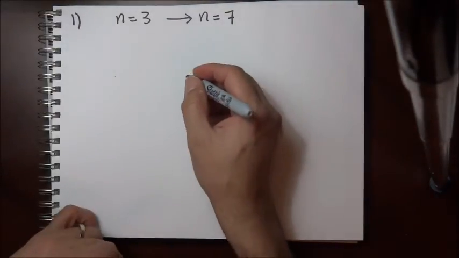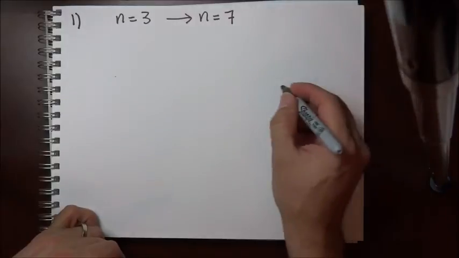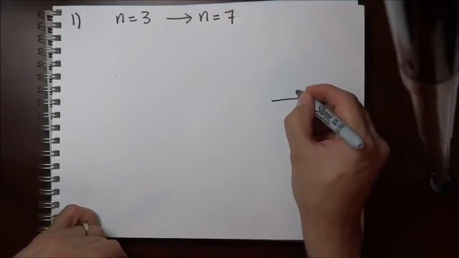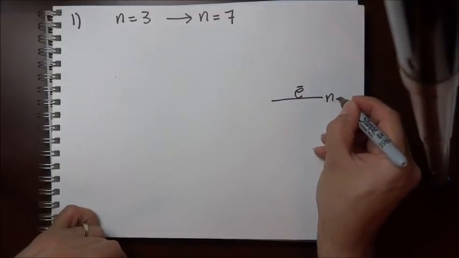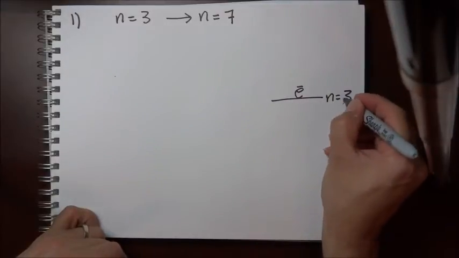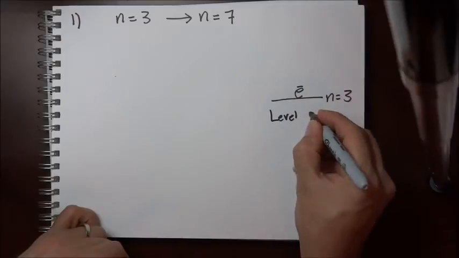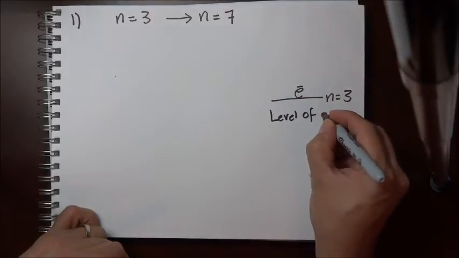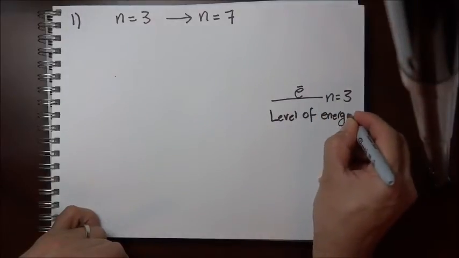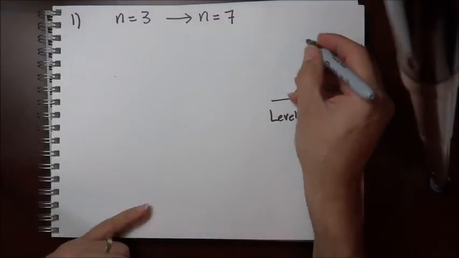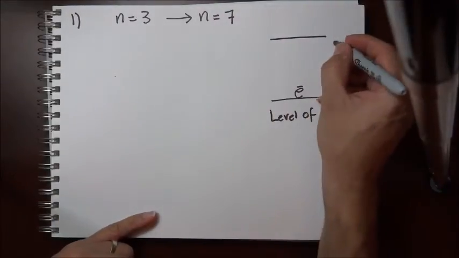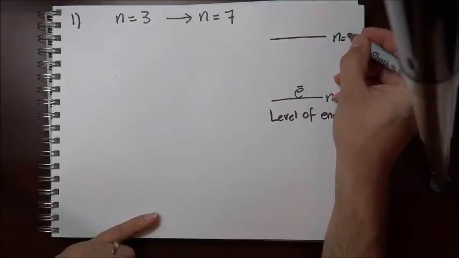So thing we are dealing with it, we have one electron that is sitting inside lower level of energy, and we are sending this electron to higher level of energy.